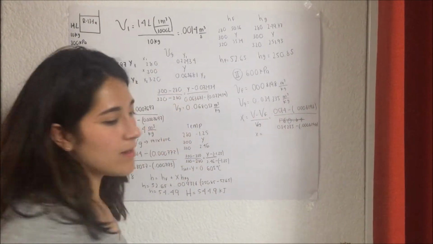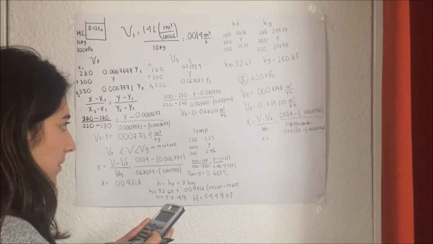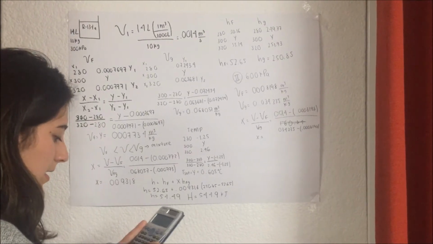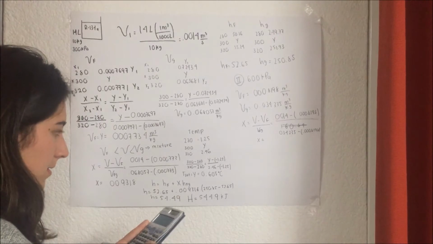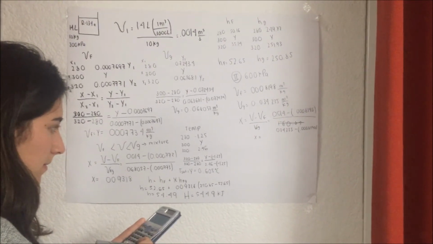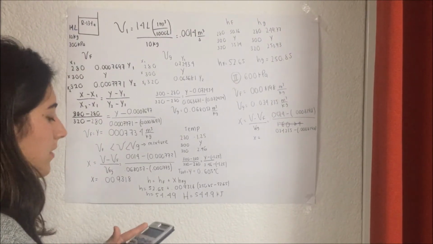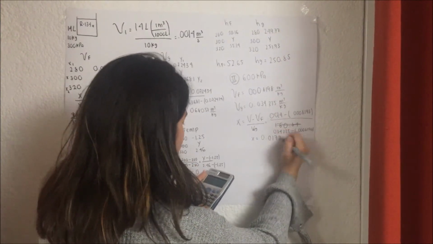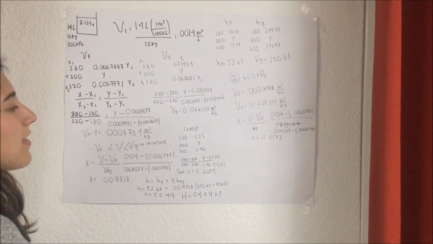So our x equals 0.0173. With this x, we can calculate the enthalpy.